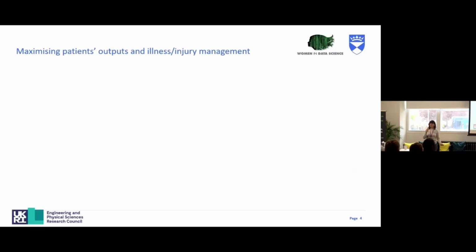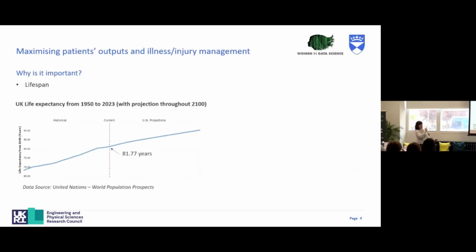So why is it important? Medical advances have been great in prolonging life. Lifespan is now around 82 years. That's great, we're living longer, but unfortunately that hasn't necessarily translated to longer healthy living. Lifespan is not the same as disability-free living.